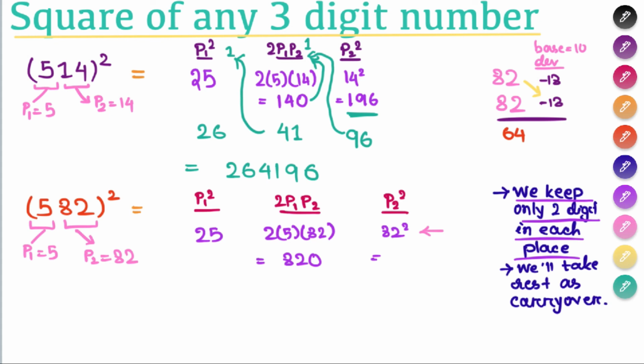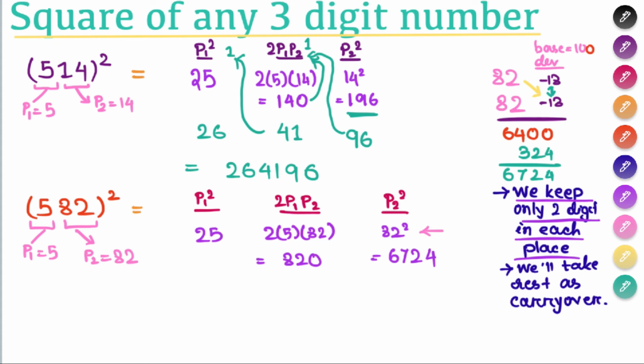Then we multiplied it with the base, that is 100. The final step was we multiplied 18 square, that is 324. That gave us the answer 6724. So we have to write this in the P2 square part. So we will write 6724.